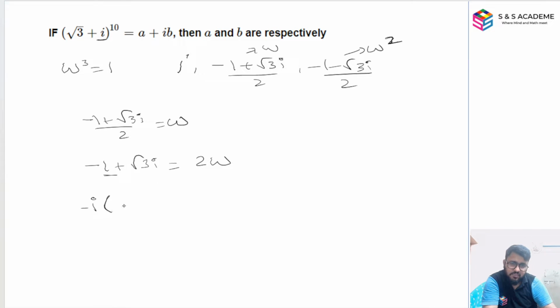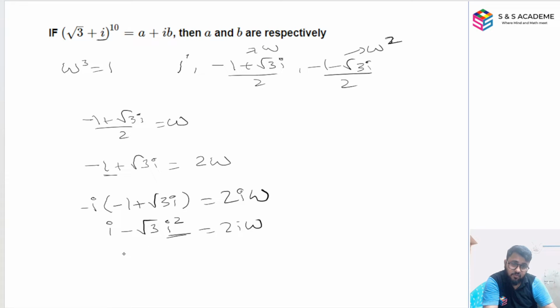So you have minus i into minus 1 plus root 3i, and when you multiply by i on this side, you have 2i omega. Now minus i into i gives minus i square. So you have minus root 3 i squared is equal to 2i omega, and you know i squared is minus 1, right?